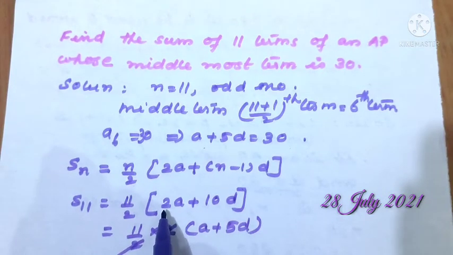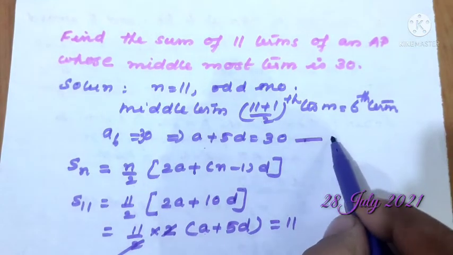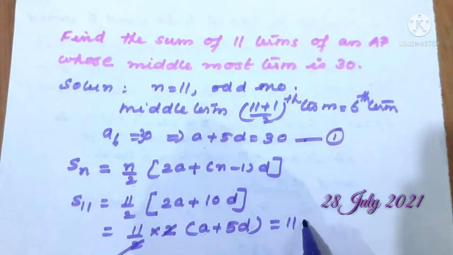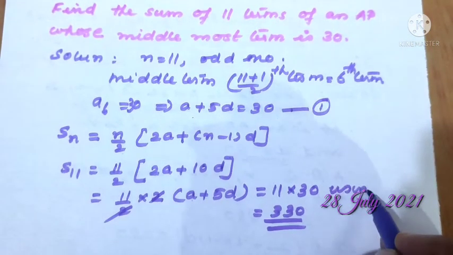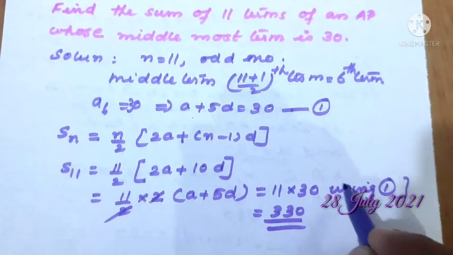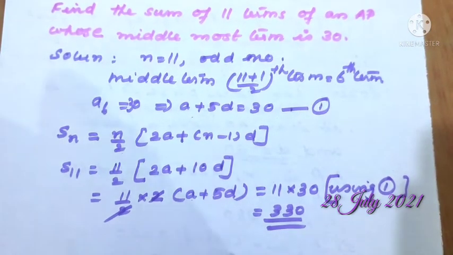After taking 2, the term in the bracket is A plus 5D only. But we got the value of A plus 5D, so make it 30. So 11 into 30 is equal to 330. So what is the sum of the first 11 terms? Therefore S11 equal to 330.